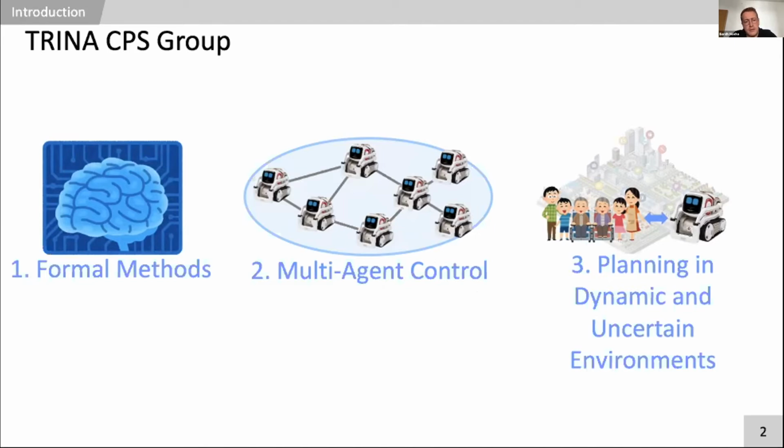We've worked in the entire spectrum of methods, from exhaustive methods such as reachability analysis to even theorem proving, and less exhaustive but more scalable methods, arguably more scalable, which are semi-formal methods where you compare output behaviors with formal specifications, and then you try to somehow fix the system or provide feedback to engineers to go back and look at this to repair. The second area is multi-agent control, and the third one is planning in dynamic and uncertain environments.